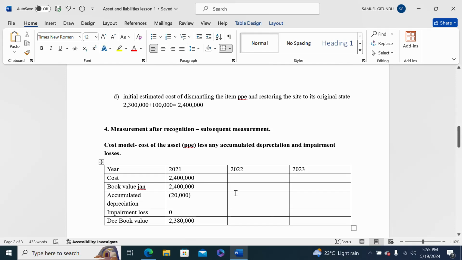Assuming we are using the straight line method of depreciation, with depreciation of 20,000 per year, in the second year of 2022 the accumulated depreciation is 40,000.